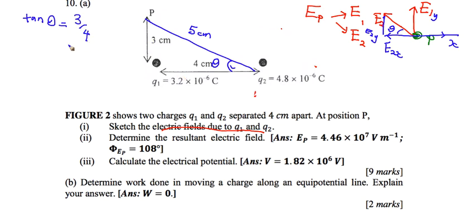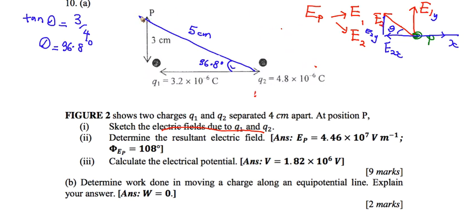So you can find the value of the angle theta, which is 36.8 degrees, right? So the angle here is 36.8 degrees.